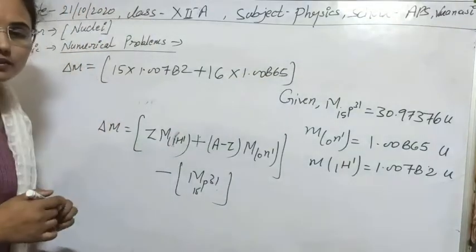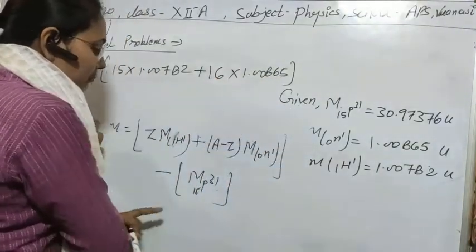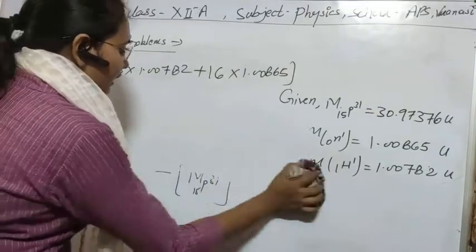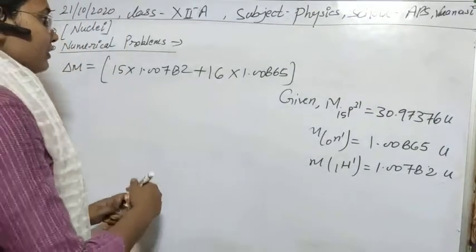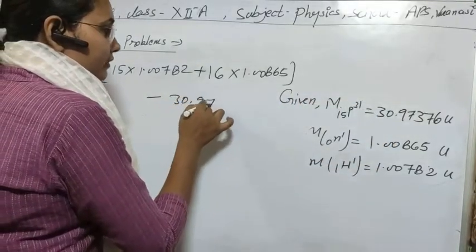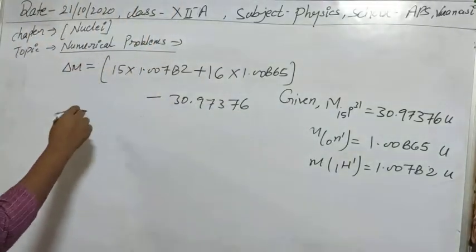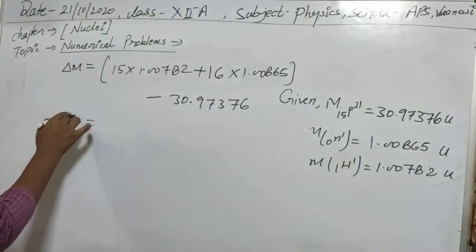This is the total mass of the constituent particles. And now we can put the value of the mass of this nuclei, which is given as 30.97376. So after solving we will get some value for Δm.